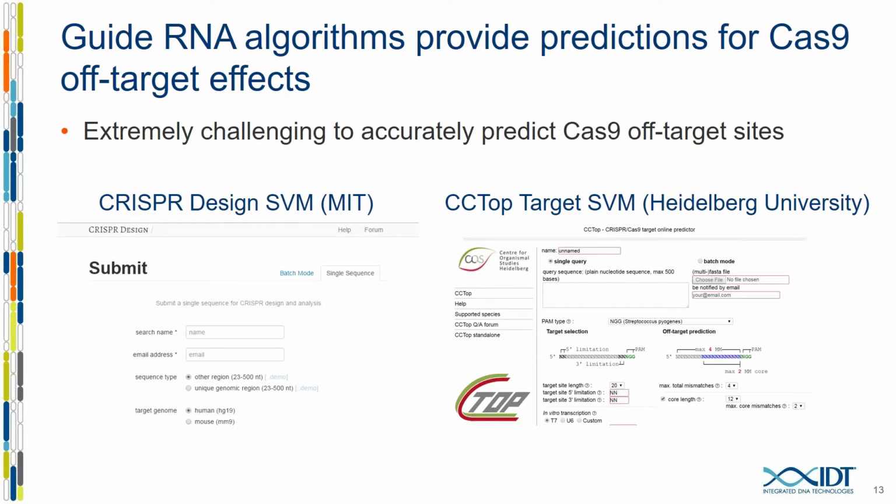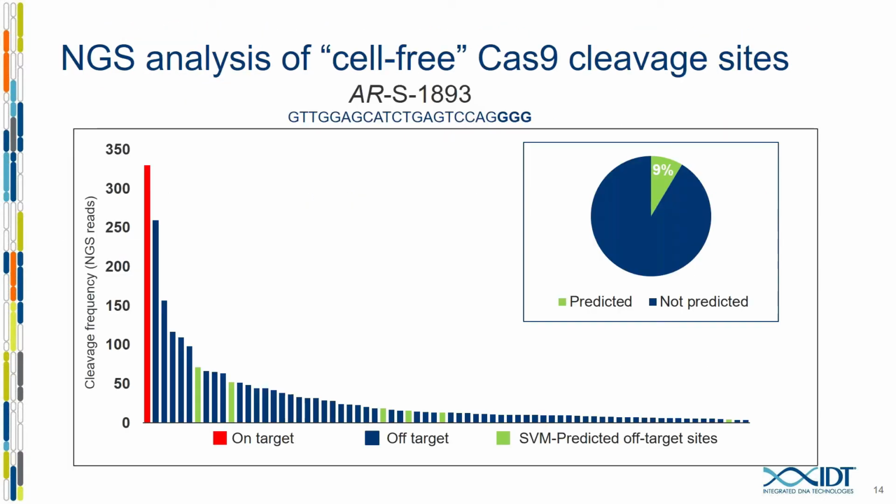And these are 2 examples of the more popular prediction algorithms, the MIT algorithm and the Heidelberg CC-top. And what we found is that it is just an extremely difficult thing to accurately predict Cas9 cleavage sites. And for that reason, we do not think that this approach is quite ready for prime time.